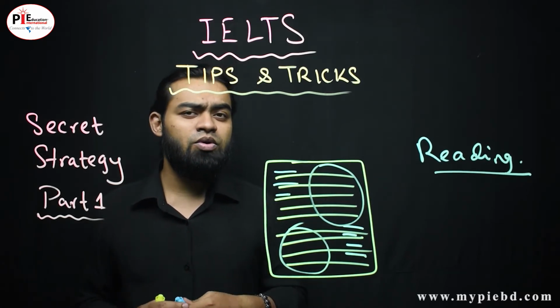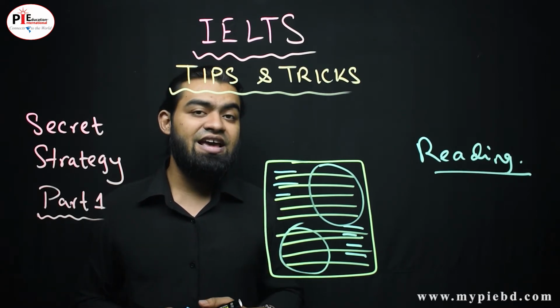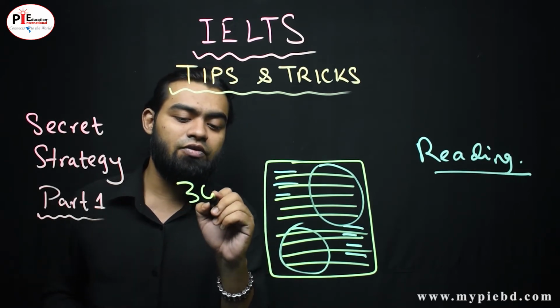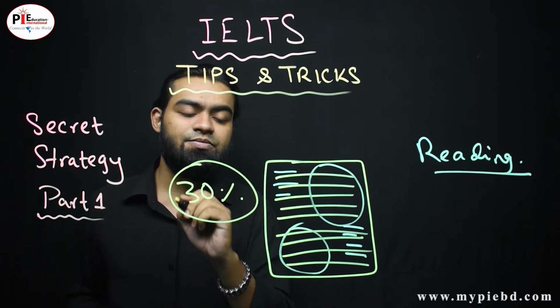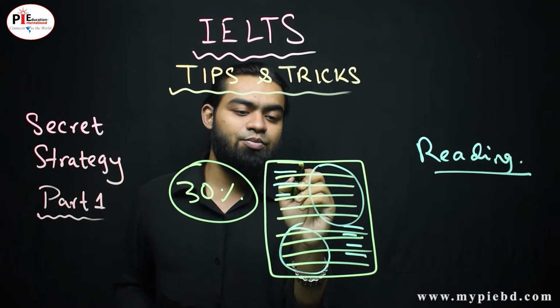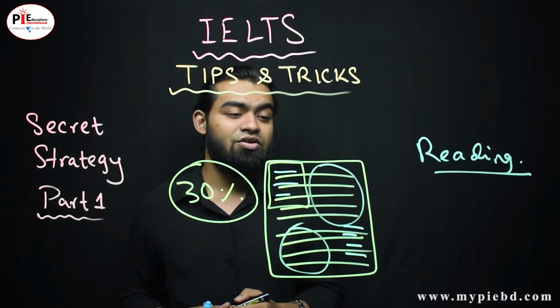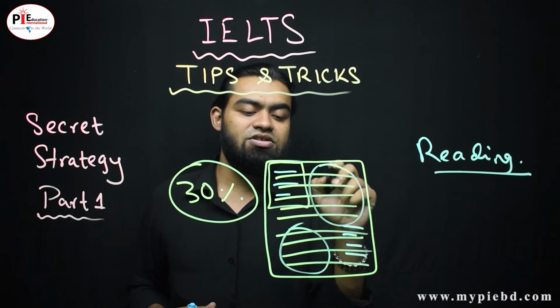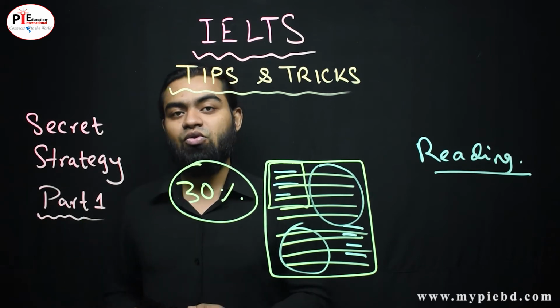So we need to come up with a way in which we can effectively find out our correct answers and ensure that whenever we are solving the question paper, we are only going through the 30% of the passage, these portions, which actually contains our answers, and we are not wasting our time going through these portions which do not contain any answers. That is basically what we're going to be focusing on.